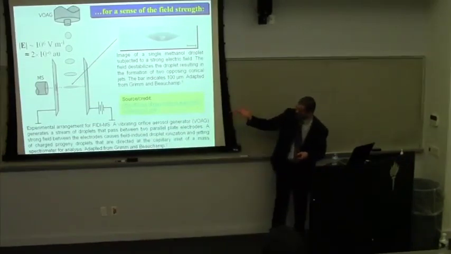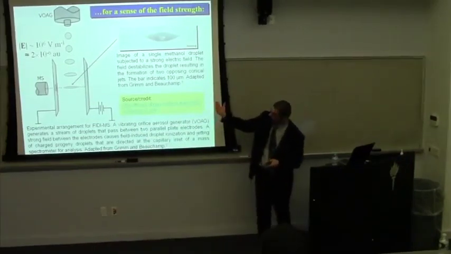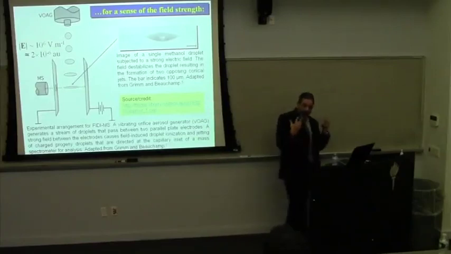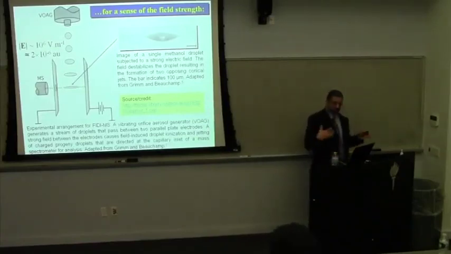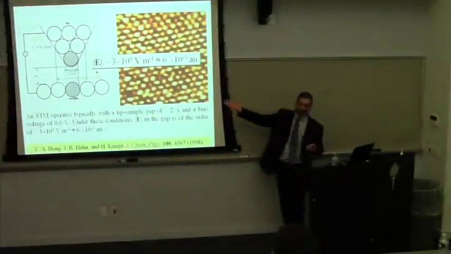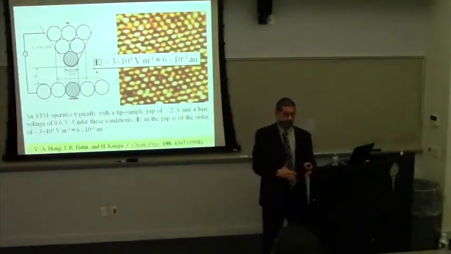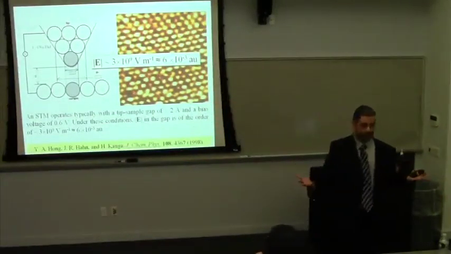The field that does this is about 10 to the 6 volts per meter. I'm just trying to give you a sense of the strength of the field and how it relates to your bench experiment.